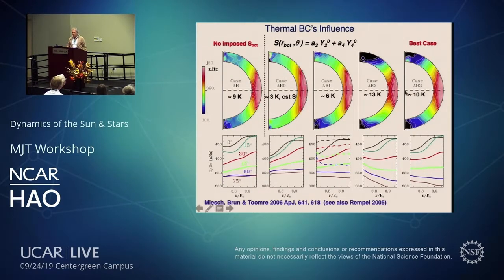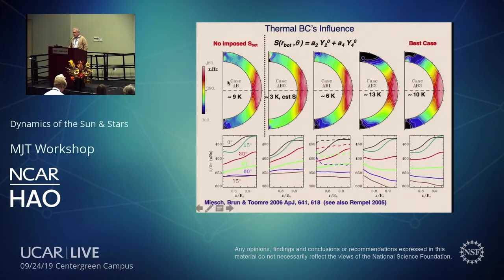This was the case I just showed you a few slides ago, which was reasonable in trying to reproduce the sun, but was not as conical. And that case had a 9K temperature contrast at the base of the convection zone, which is not a lot. I remind you that the base of the convection zone is at 2.2 million degrees. So we are speaking of very small variation of temperature here, but it's coherent.